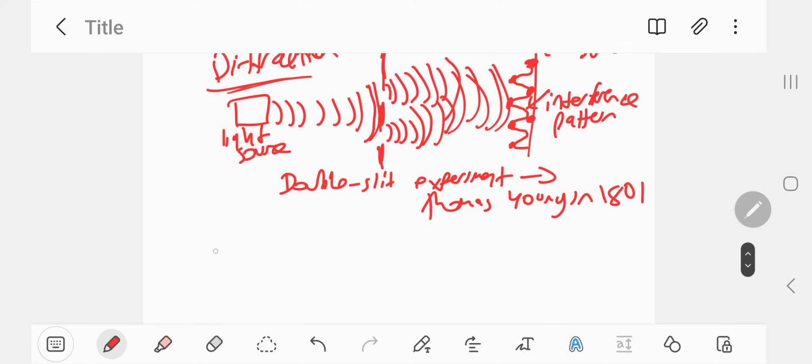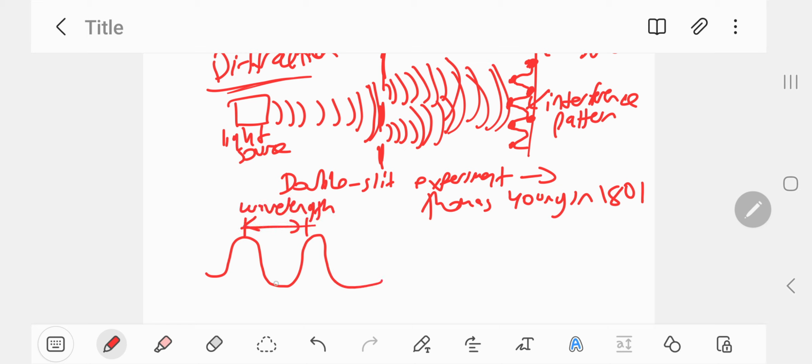Going back to our concept of a wave, picture of a wave. Okay, so it's got a wavelength, the distance between two peaks, two crests, or the distance between two troughs, two dips. That's the wavelength.